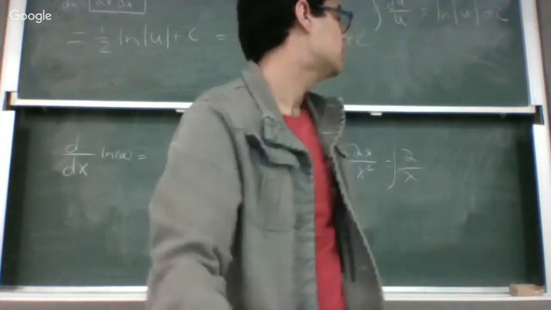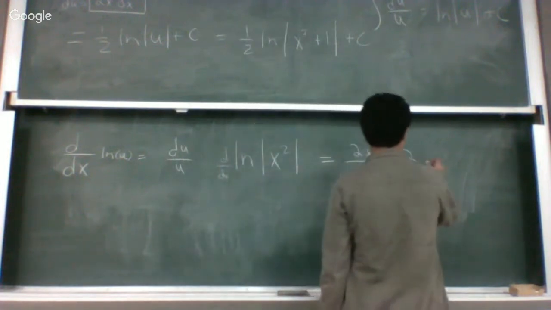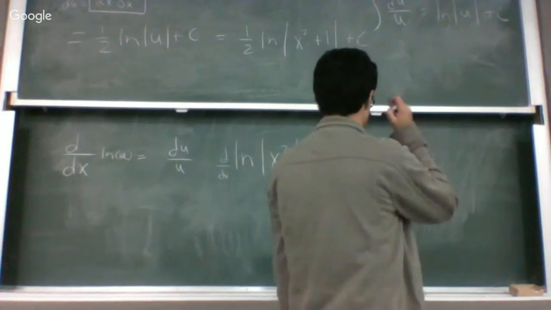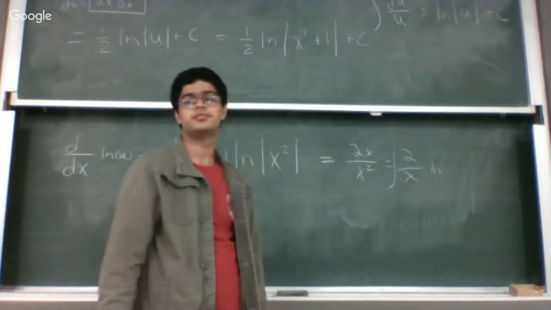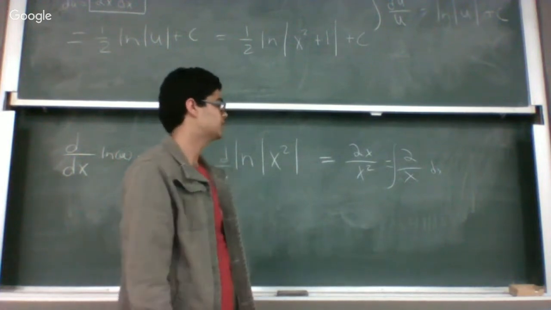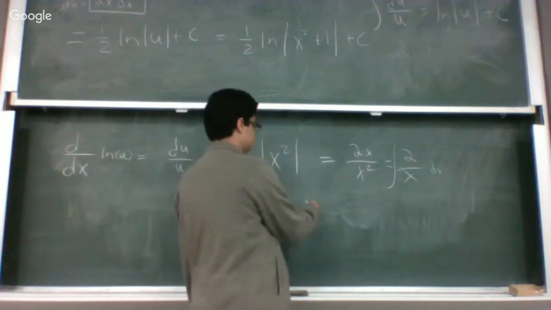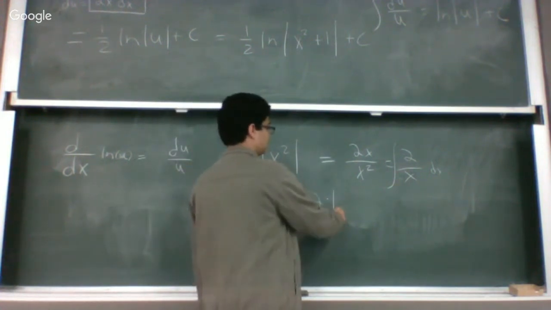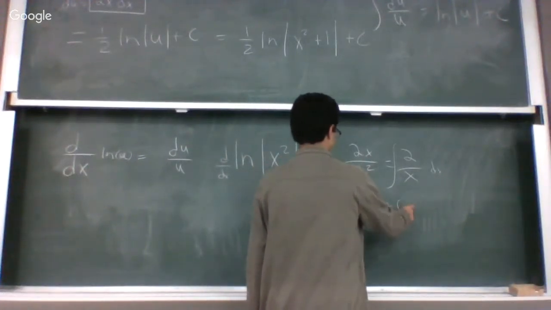It should be right. So if we were to do the integral of it, oh yeah, it actually works out. What would the integral of that be? 2 times the natural log of x. What is a natural log?